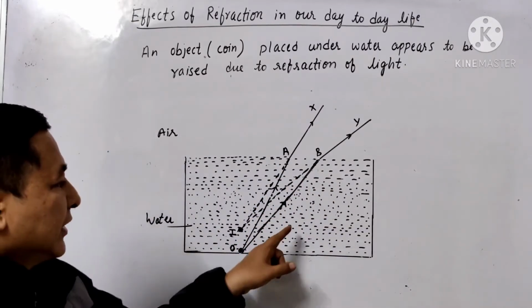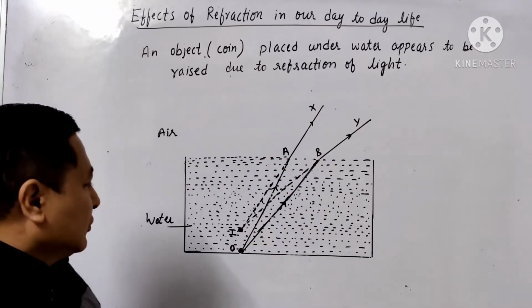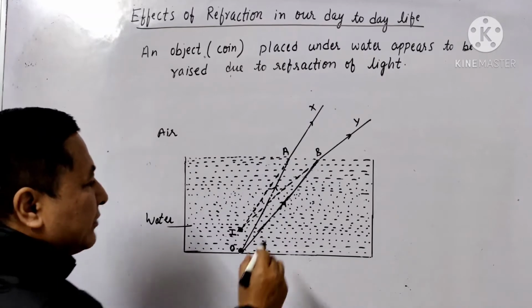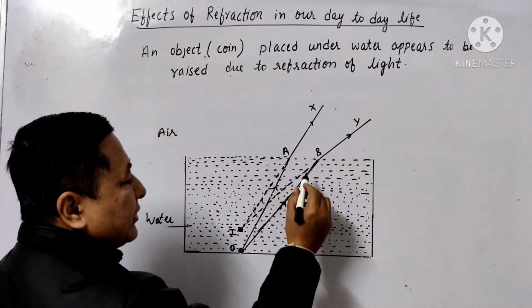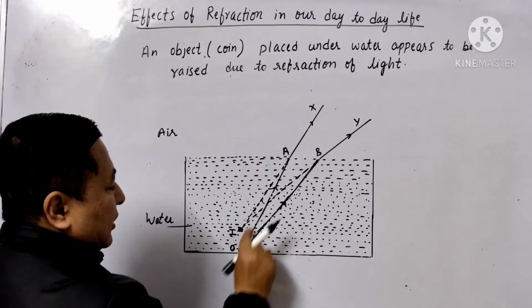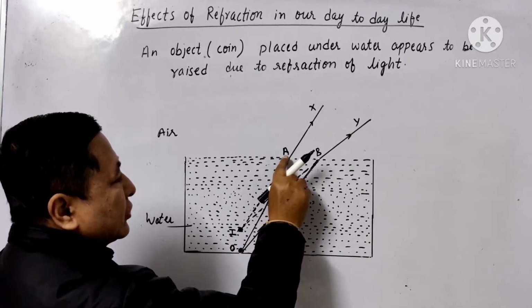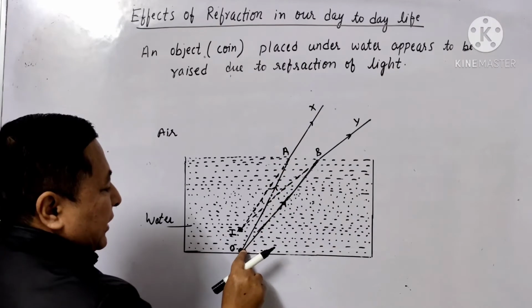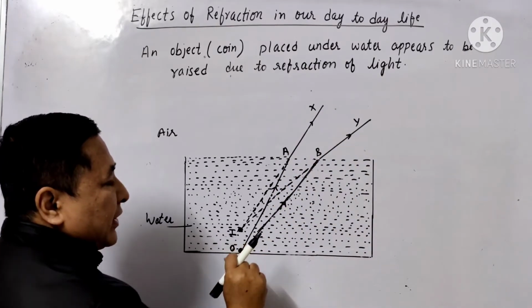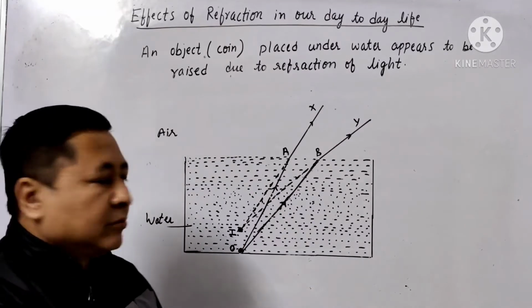When going from the denser medium to the rarer medium, as we know water is denser than air, it will bend away from the normal. So you can see the ray of light OA is bending in the direction of AX, and the ray OB is bending in the direction BY, which is going away from the normal.